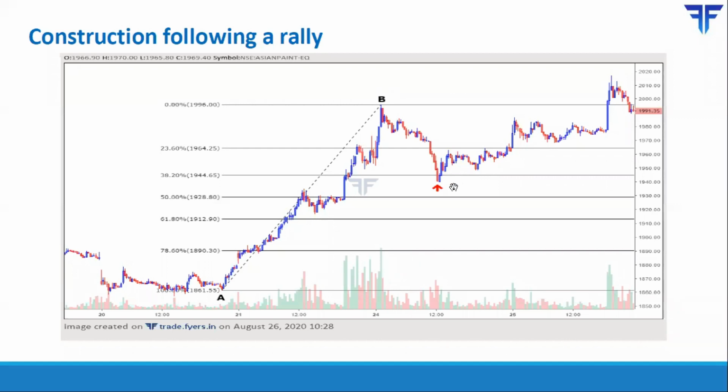This low is above this low, and then over here, price is crossing the previous high. So over here, I have a sequence of higher high and higher low. So I'll be looking to buy over here. And as you can see, price started trending higher, and going forward in time, it did go higher. So 38.2% acted as a good support in this particular case.